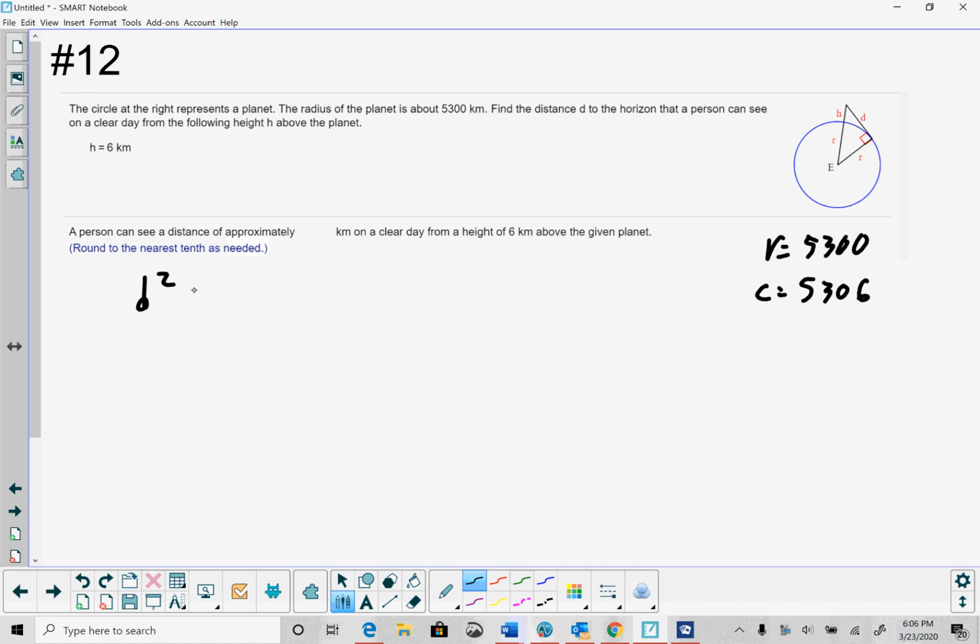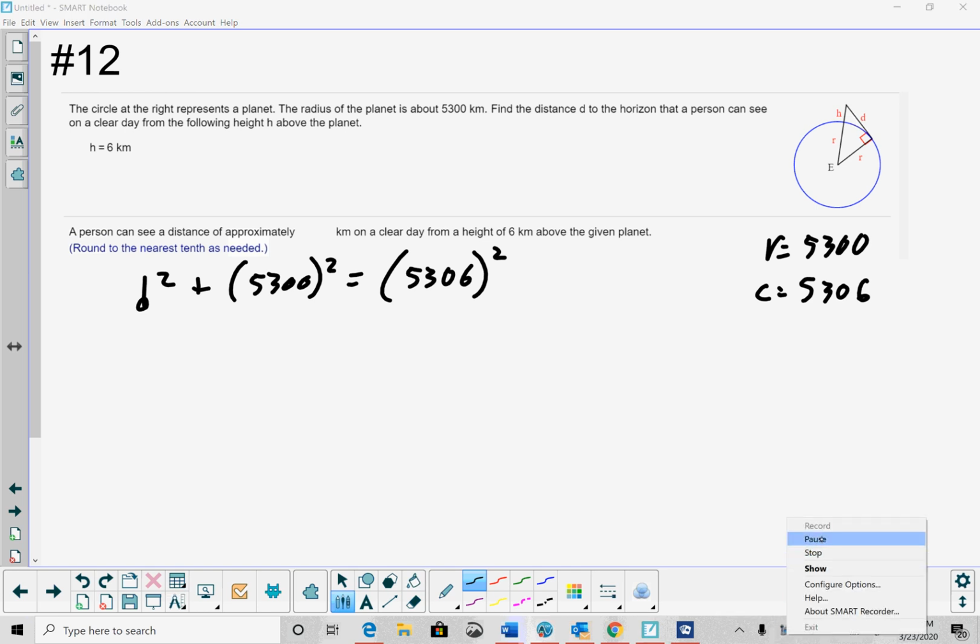The distance squared plus the 5,300 squared has to be equal to 5,306 squared. All right, those are not quite exactly numbers I expect you to know off the top of your head.